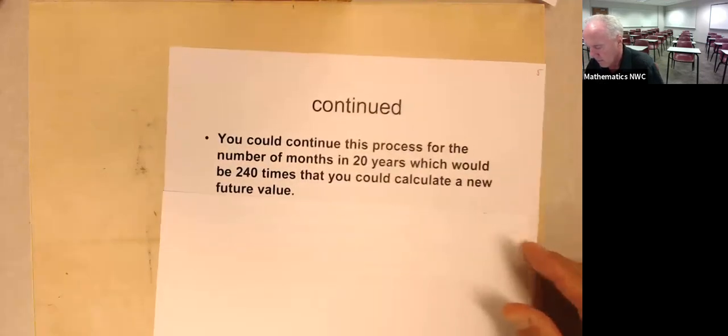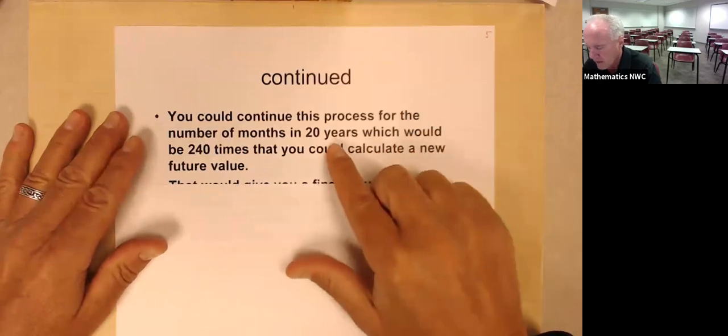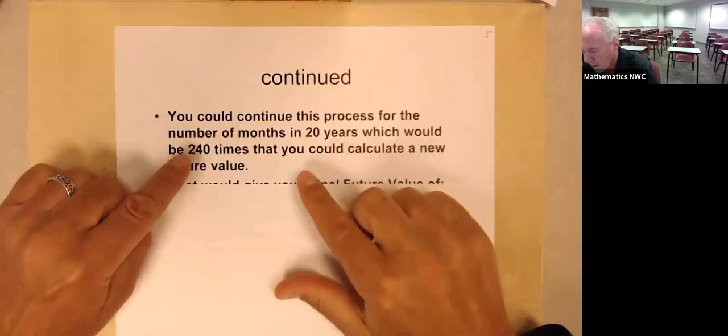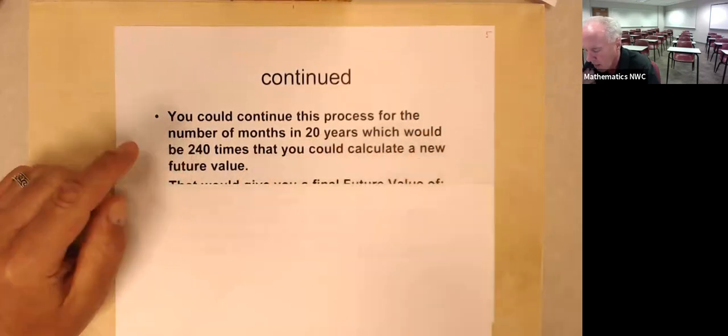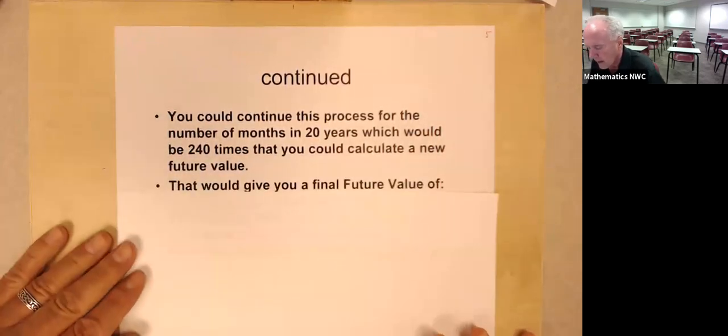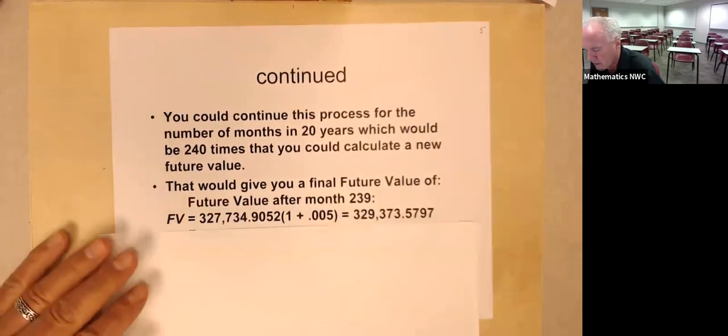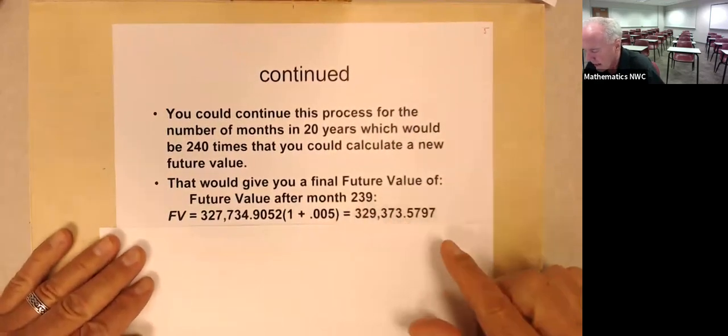That would be a lot of work, calculating that. Because it's 20 years and we're doing it every month, it would be 20 times 12, 240 future values that we would get. That would give you a final future value. Notice this would be after month 239.